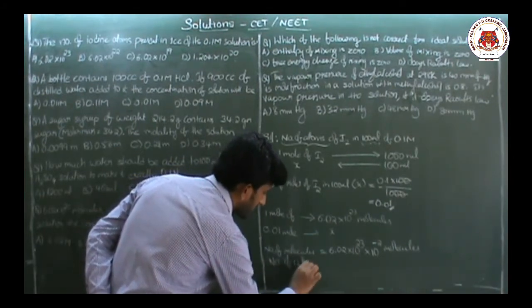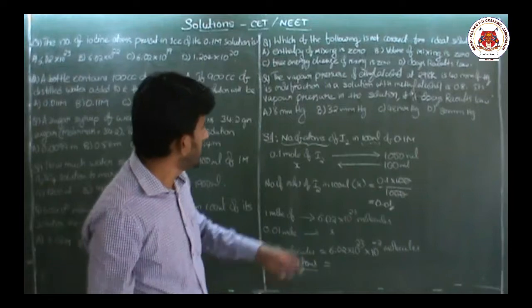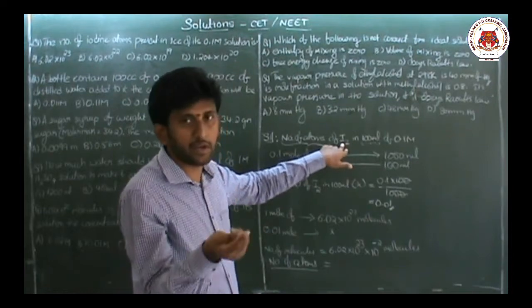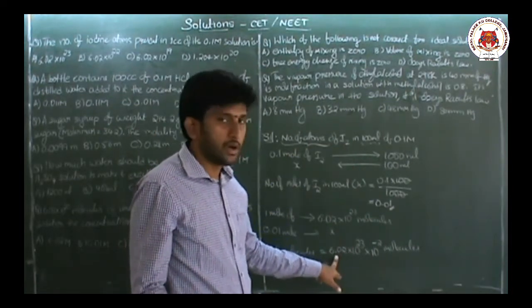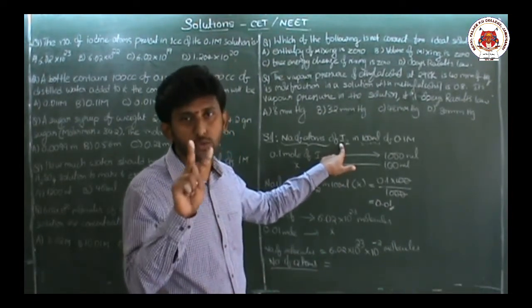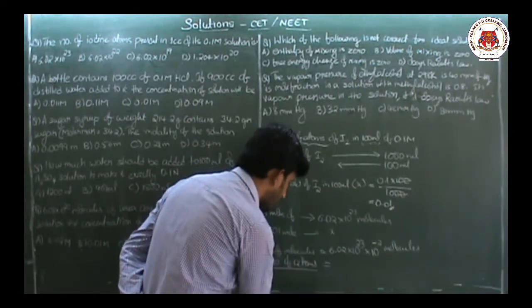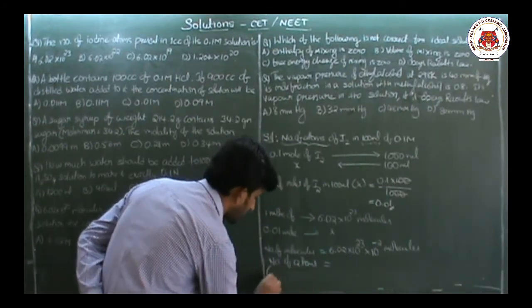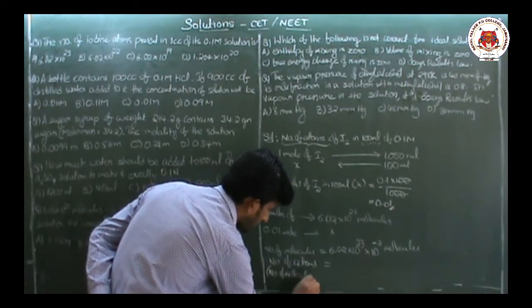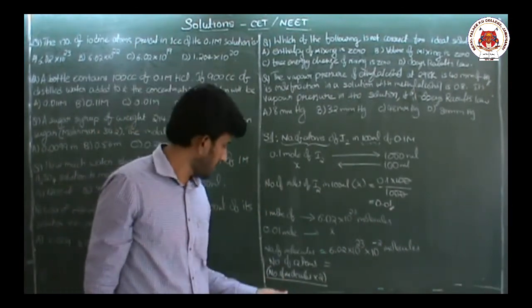One molecule contains 2 atoms, so the number of atoms is the number of molecules into 2. Why? Because one I2 molecule contains 2 atoms.